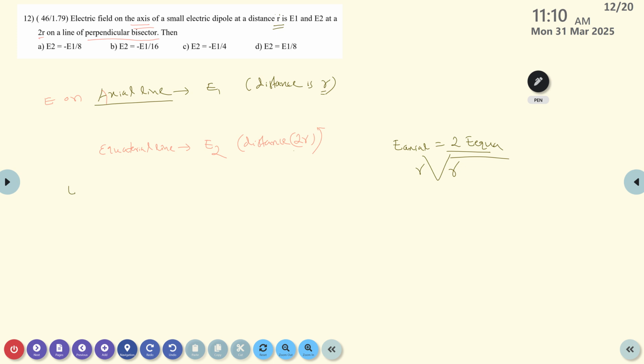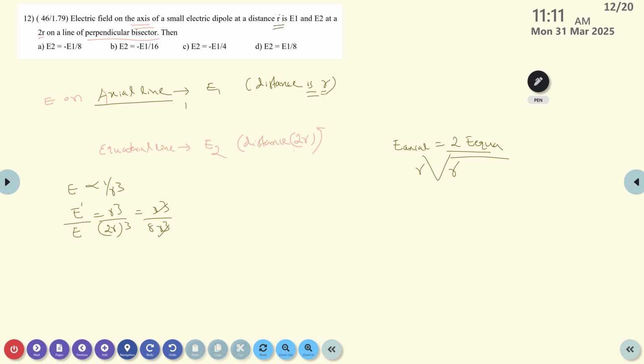How to calculate? E is directly proportional to 1 by R cube, so E dash divided by E equals R cube divided by 8R cube.